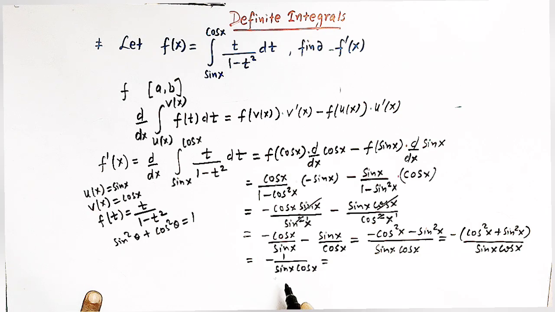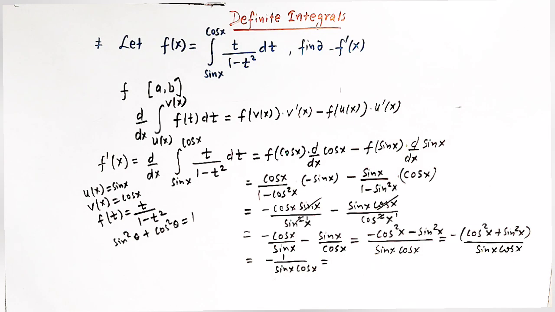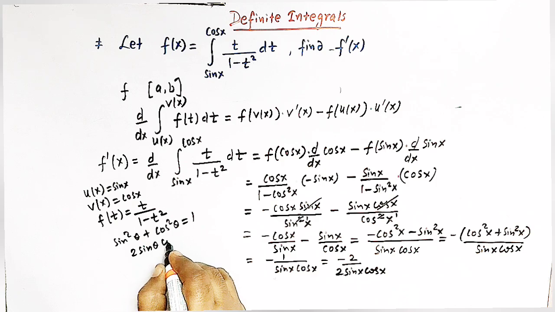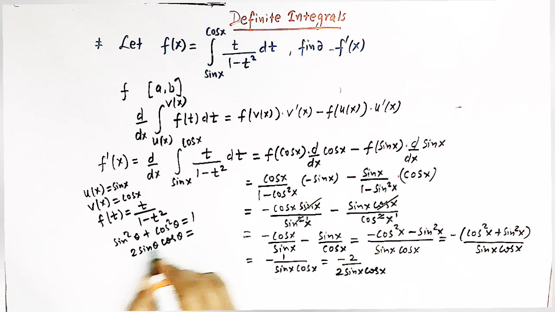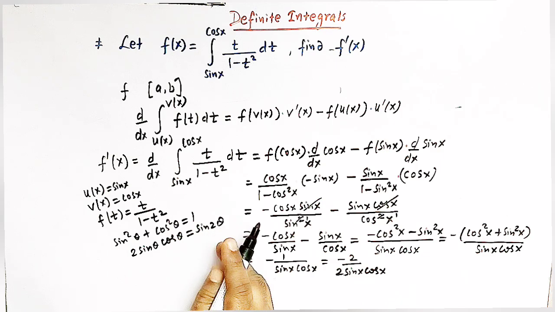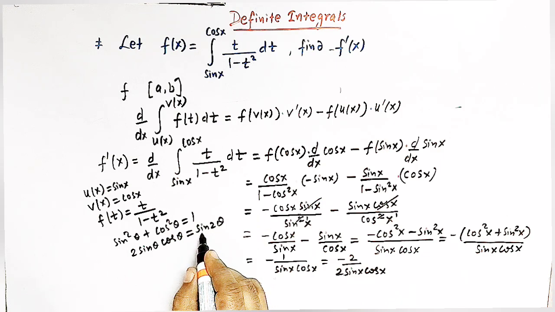Now let us again simplify it by multiplying the numerator and denominator by 2. We can now write minus 2 over 2 sin x cosine x, and again from trigonometry we know that 2 sin theta cosine theta is given by sine 2 theta. So this is the double angle formula for the sine function.